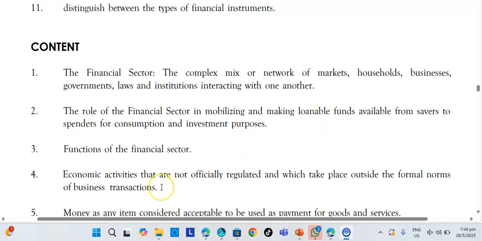Now we're going to look at the functions of the financial sector. We have just looked at some of them, but we're going to do it again. The functions of the financial sector are many, so we're just going to look at a few of them.